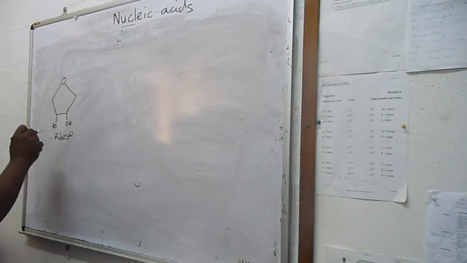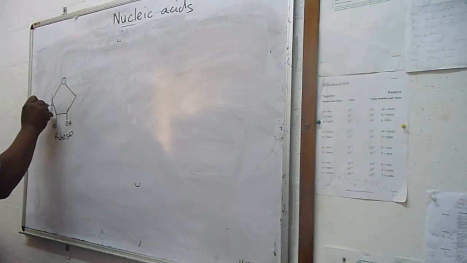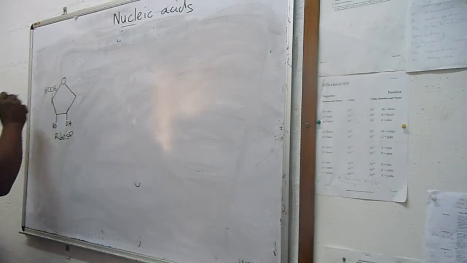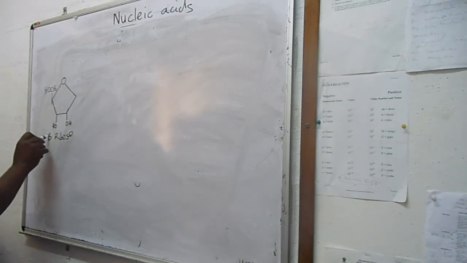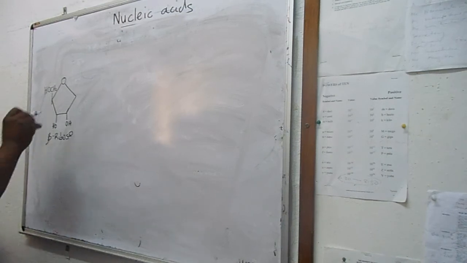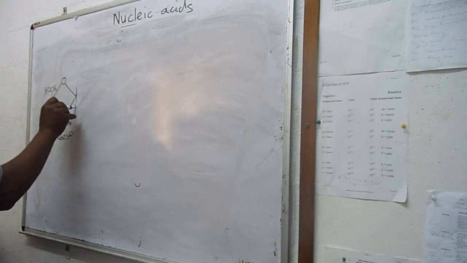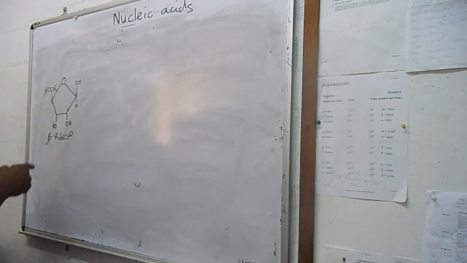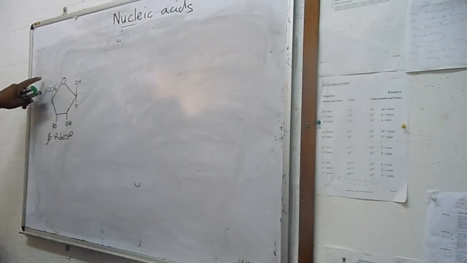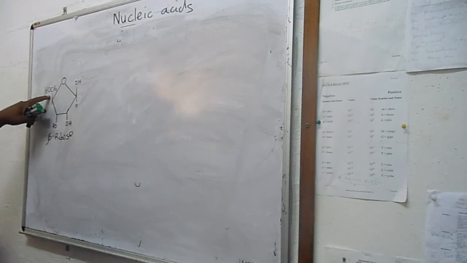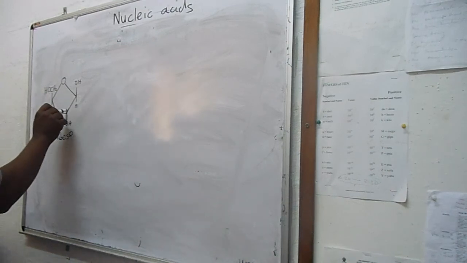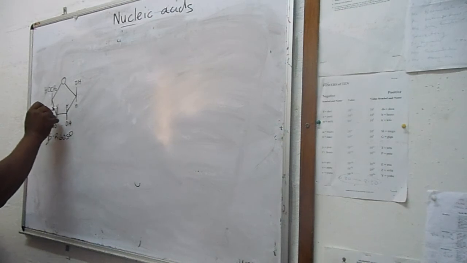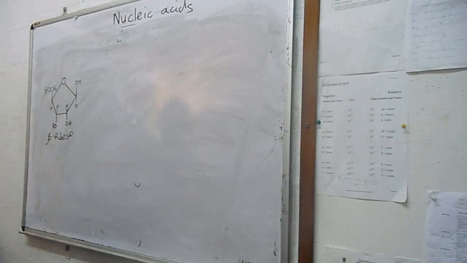But which ribose do you find commonly? Which configuration? We said the beta configuration is the one that is highly found. So I'll write the beta configuration. How do you know the beta configuration? The anomeric hydroxide must be pointing in the same direction as the terminal hydroxide. That's all. Remember the hydrogens here, which I'm not showing, I'm just showing them in case you forget.